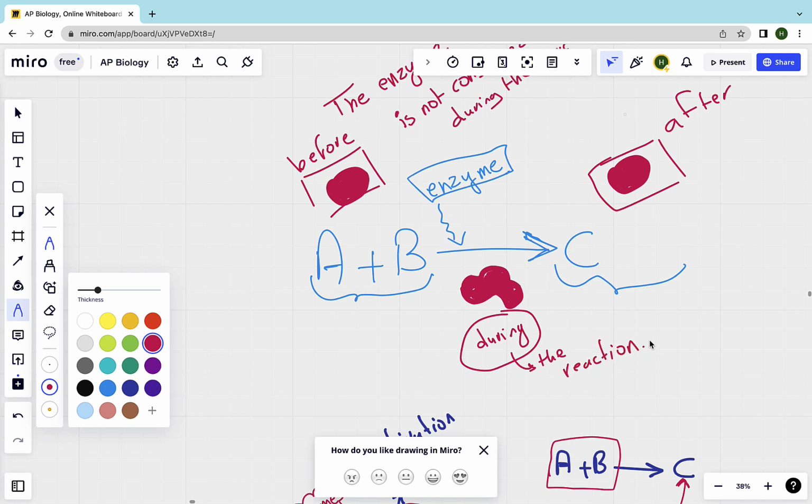I'll give you an example. Imagine you have a door that is locked. A locked door. Okay? Pay attention here.